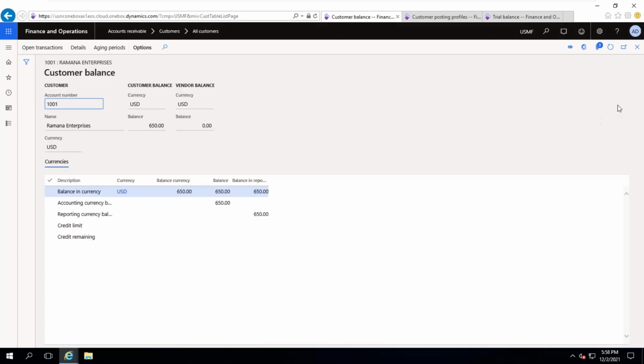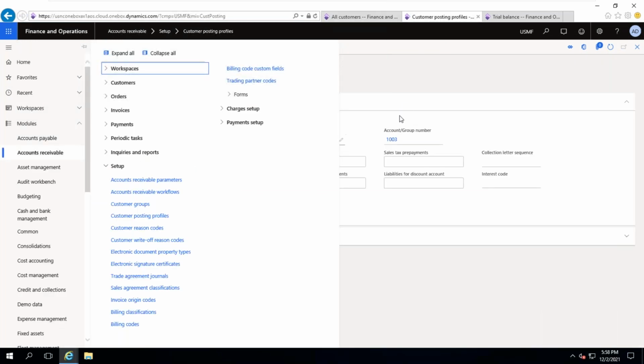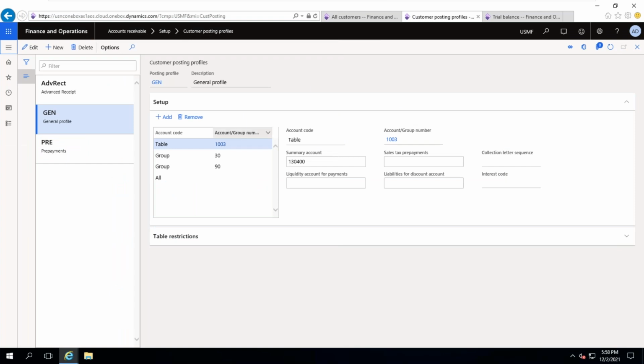So this customer is linked with customer group 10. This customer group is linked with the ledger account. It will post to that account.